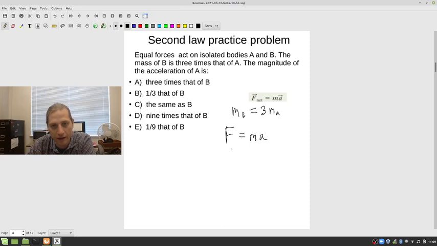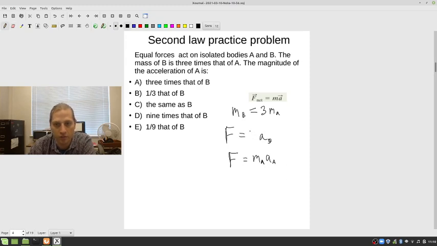Now we're given that the F of mass B times acceleration of B is going to be the same as F of mass A times acceleration of A. However, we're told that the mass of B is 3 times that of A. Let me put it this way.